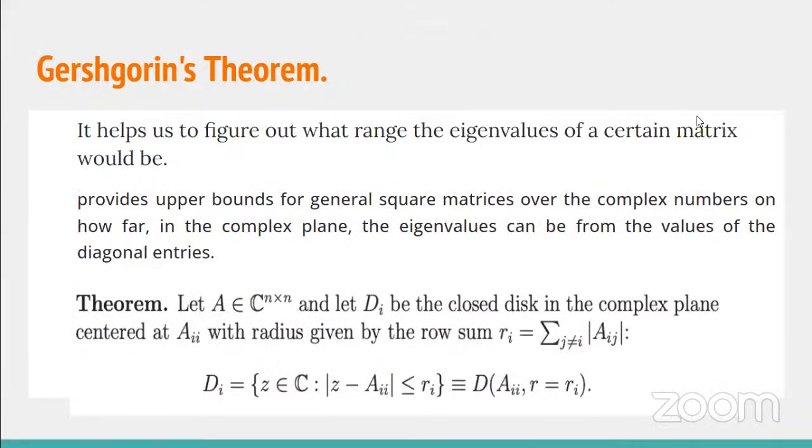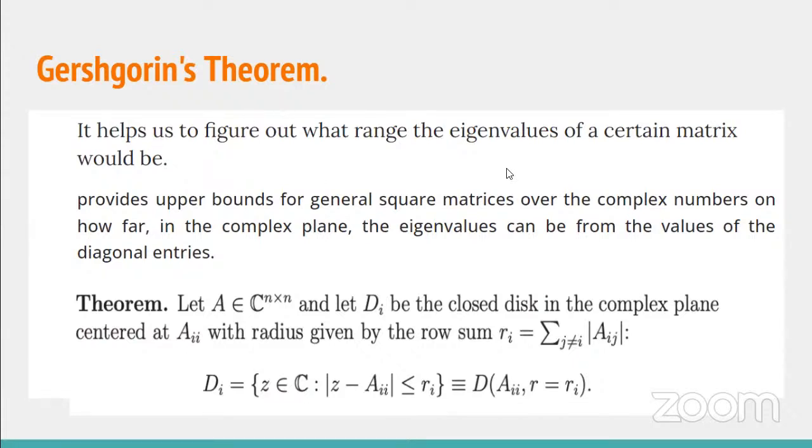Okay, so the last subtopic here is the Gershgorin theorem. You might see it in some places as the Gershgorin circle theorem or the Gershgorin disk theorem, so you can see it any way.